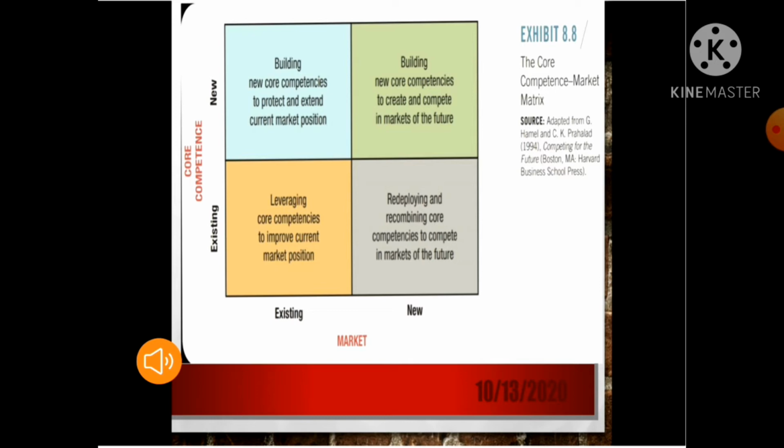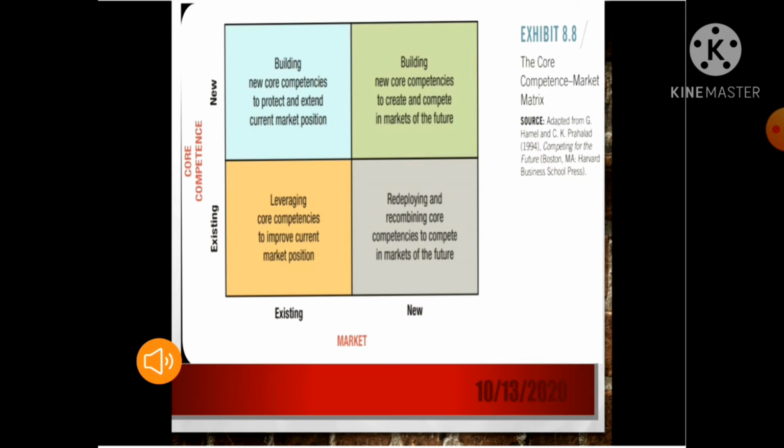Then the lower right quadrant combines existing core competencies with new market opportunities. Here, managers must strategize about how to redeploy and recombine existing core competencies to compete in future markets.